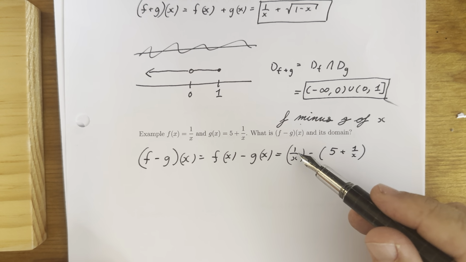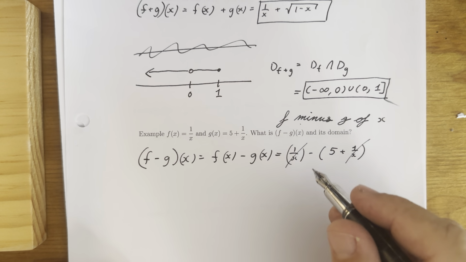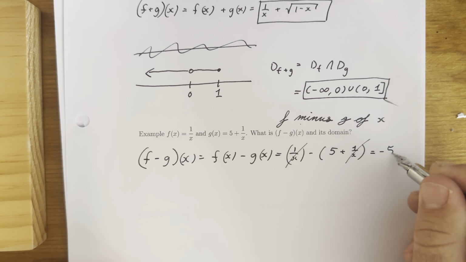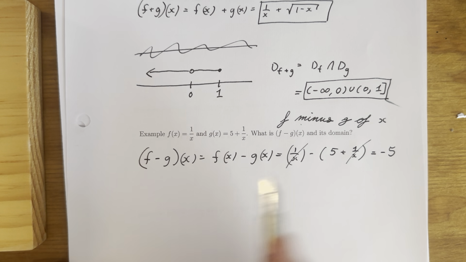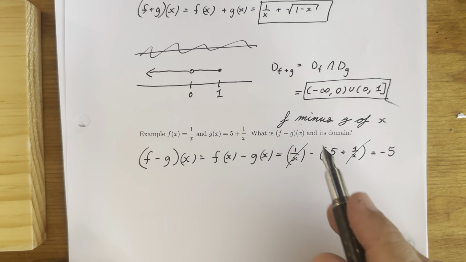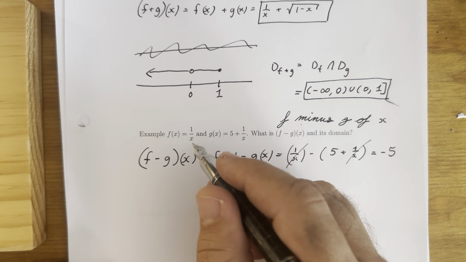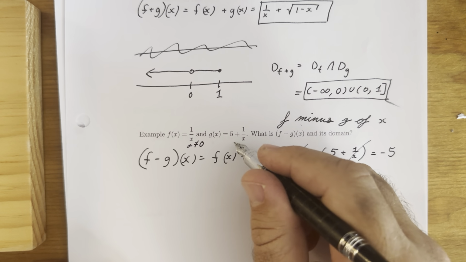So note 1 over x minus 1 over x, that is 0. So what we're left with is going to be negative 5. And it's very tempting to just write that out as negative 5. But note the domain is going to be the overlapping of the two parent functions' domain. f could not be 0, and neither could g.